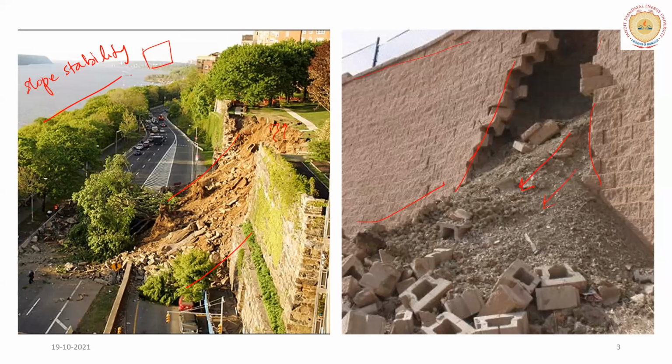This failure is of the infill material. If you look at this photograph, this is a retaining wall, and generally retaining walls are infilled with some kind of granular material. Here the granular material lost its stability, and there is a rupture of this wall, and there is a failure.